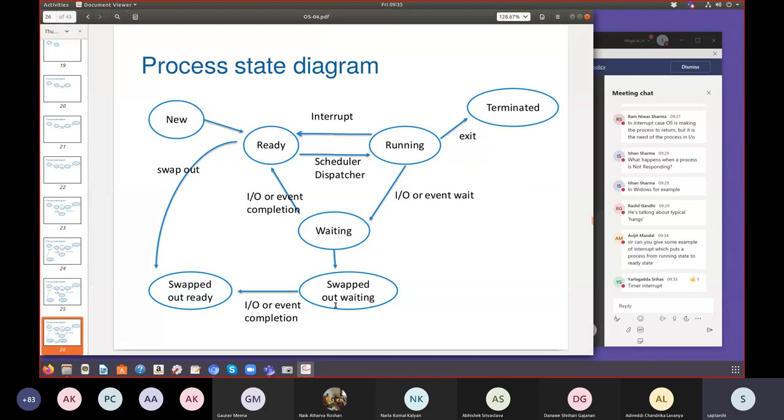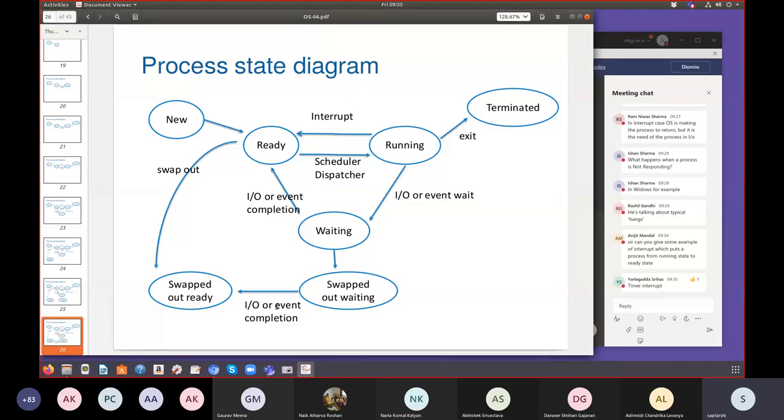Also check that suppose a process was in the waiting state where it was swapped out. That means it was waiting for some IO, input-output operation, but it was swapped out. Now, while it was in the swapped out state, while it was in the swap space, the IO completed, right? So the IO device interrupted the OS, interrupted the kernel.